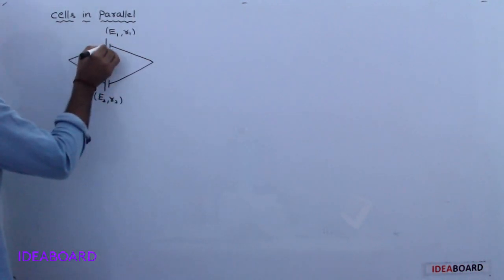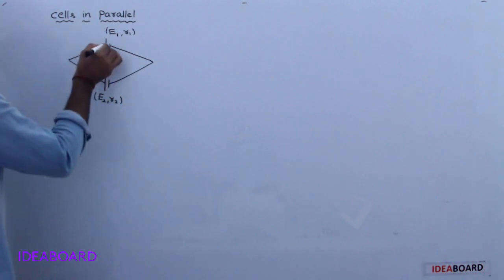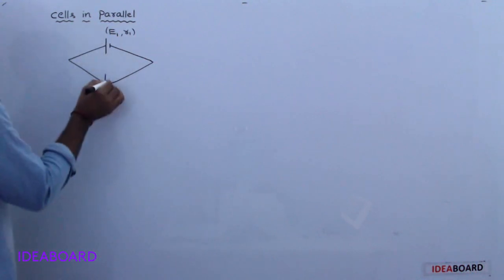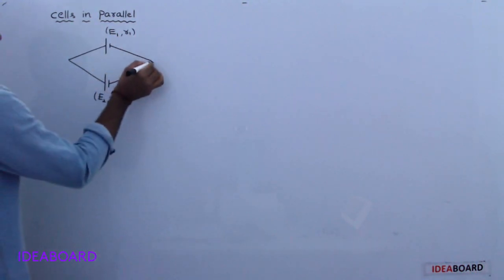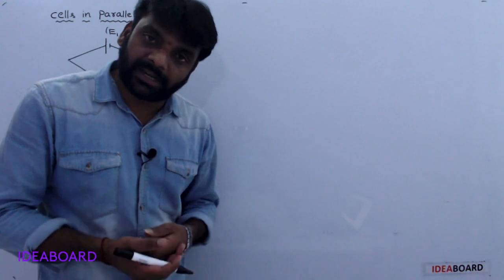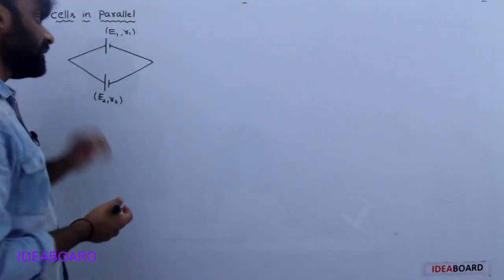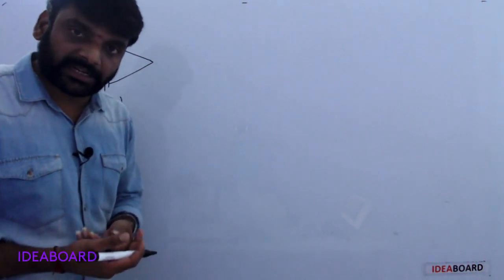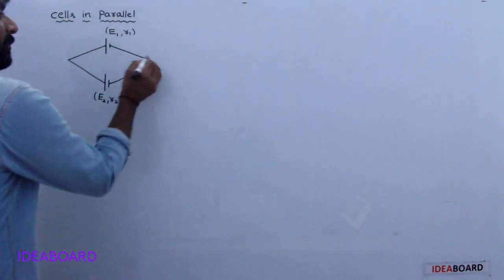Here, parallel combination means the positive of the first battery and the positive of the second battery are connected at the same point, and the negative of the first battery and the negative of the second battery are connected at one common point.